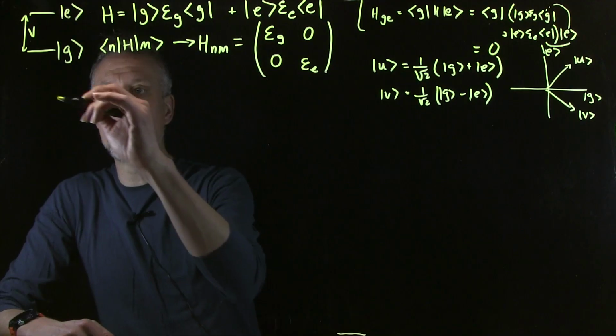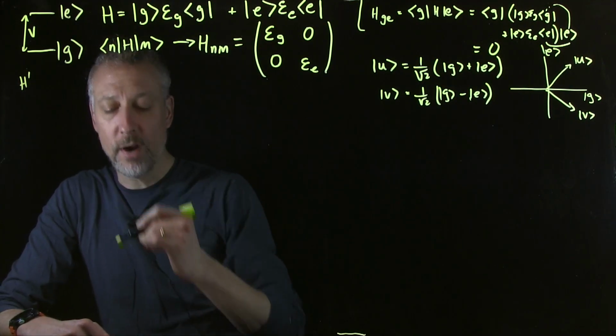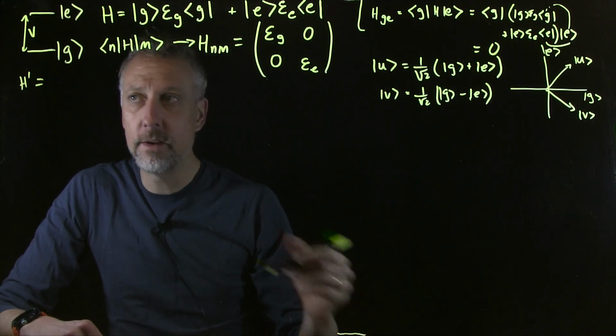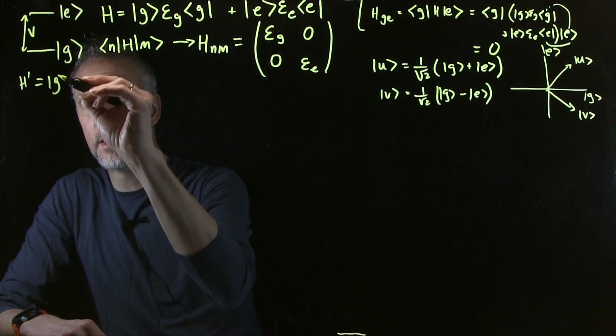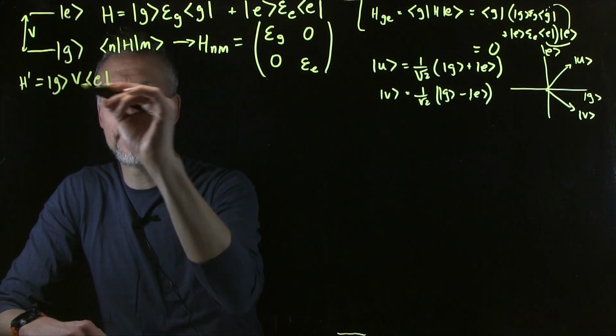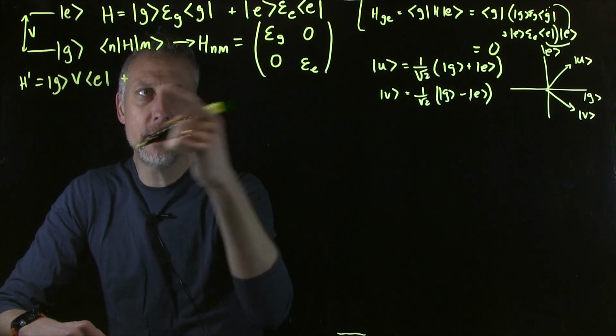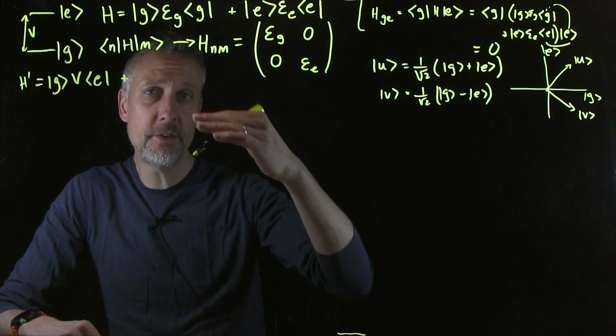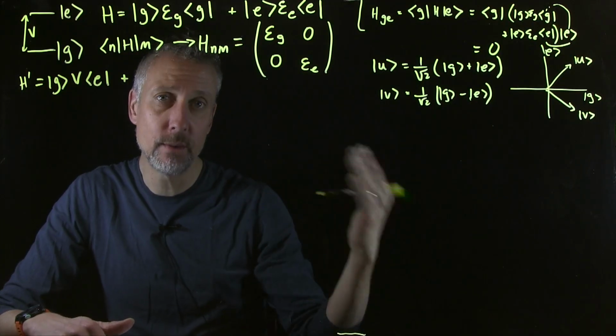All right, so we're going to call the new Hamiltonian piece H primed. Okay, and the way we make this work is we connect G, we're going to call that V there, and then E. So you see how that connects the 2. This is going to make matrix elements off the diagonal non-zero. We could have just said, well, what if we had a non-diagonal Hamiltonian? Then what would happen?